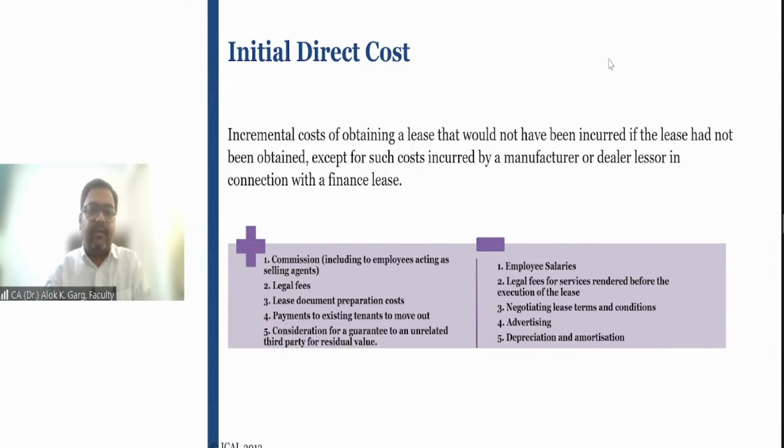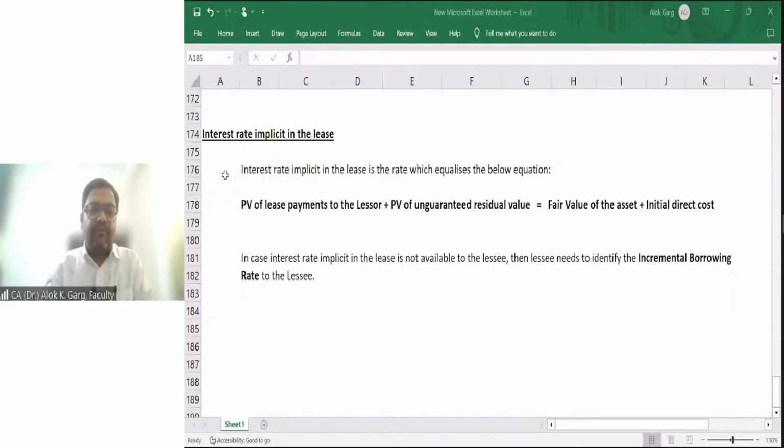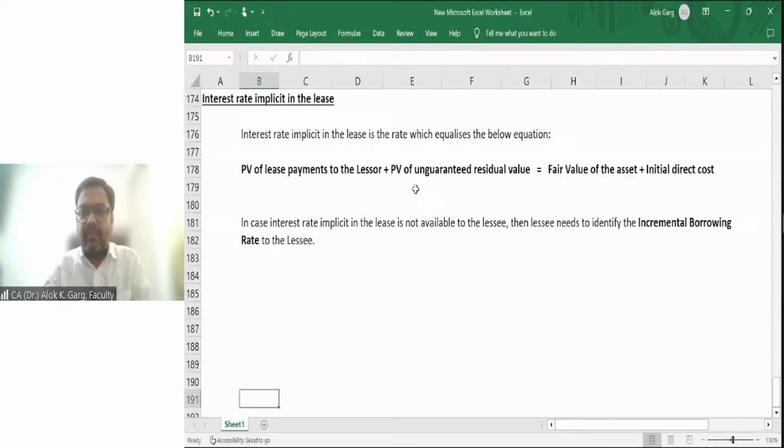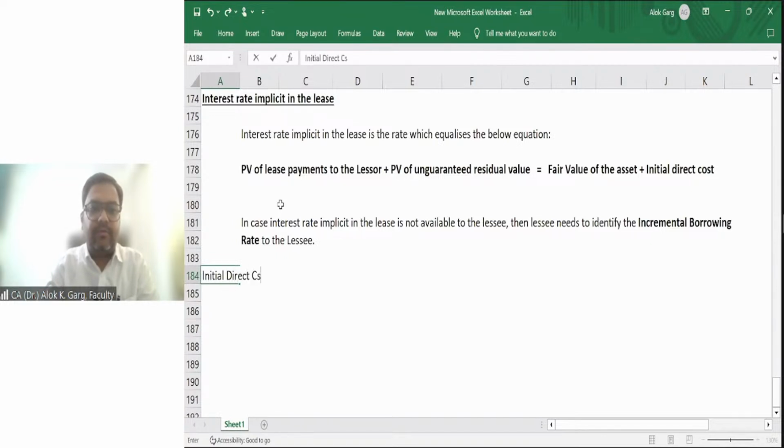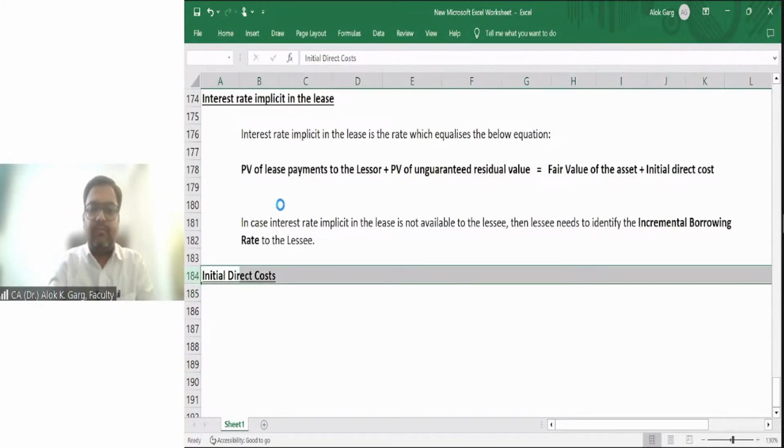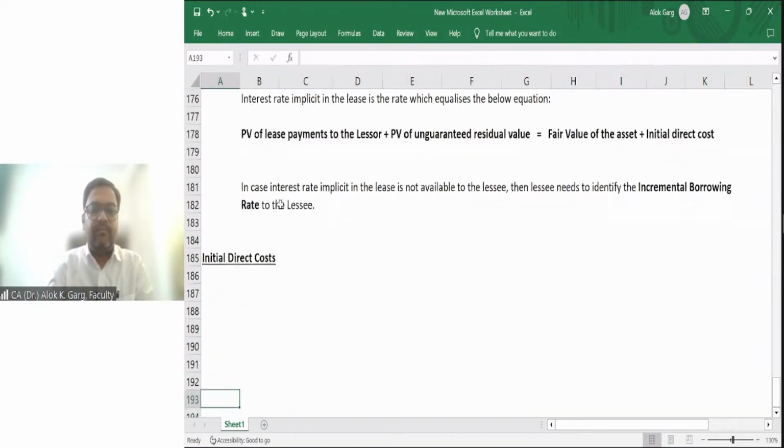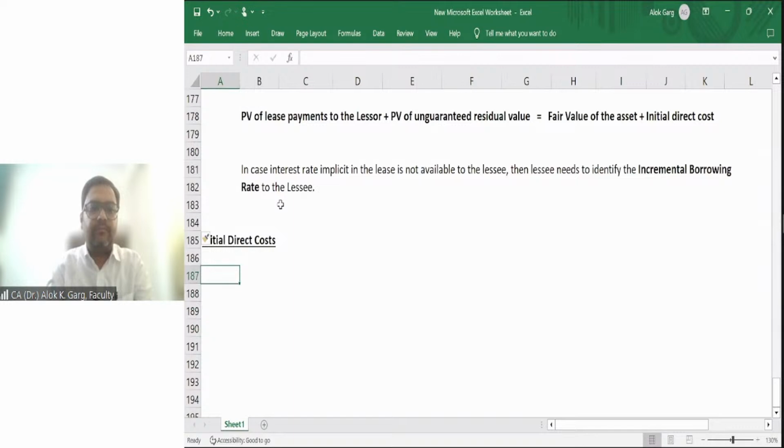I hope my Excel file is visible to all of you. Initial direct cost is also known as IDC.